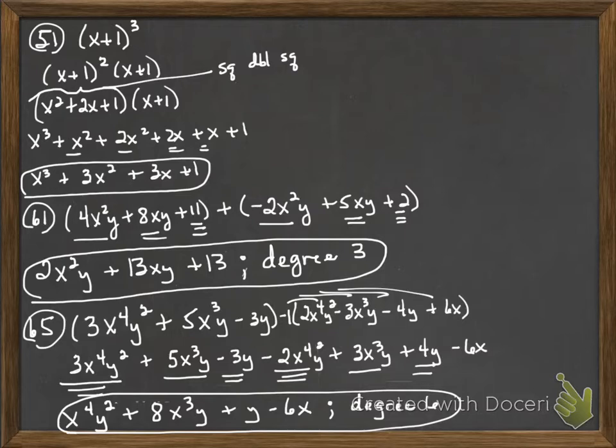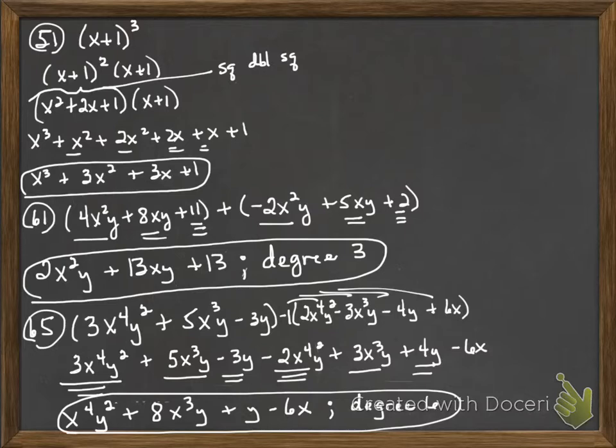In 51, we have a binomial cubed. We talked about this in our notes. Most people do not memorize the shortcut for the binomial cube just because you don't have to cube a binomial a lot. So what I showed you in your notes is that a binomial cubed is really just the binomial squared times itself. And then we use our shortcut for x plus 1 squared. That's a binomial squared.